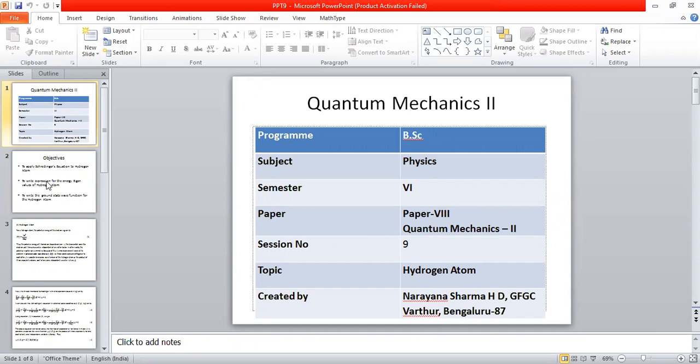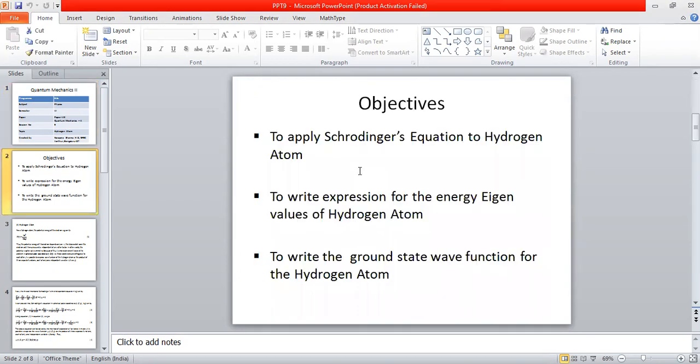So let us see the objectives of this particular session. We have been discussing the applications of Schrodinger's equation on various physical systems. First we applied Schrodinger's equation to a particle in a one-dimensional box. Then we discussed the behavior of a particle in a three-dimensional box.